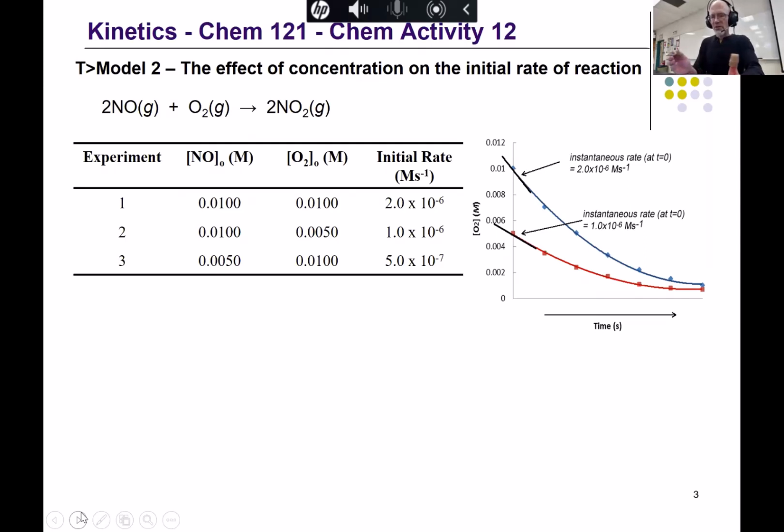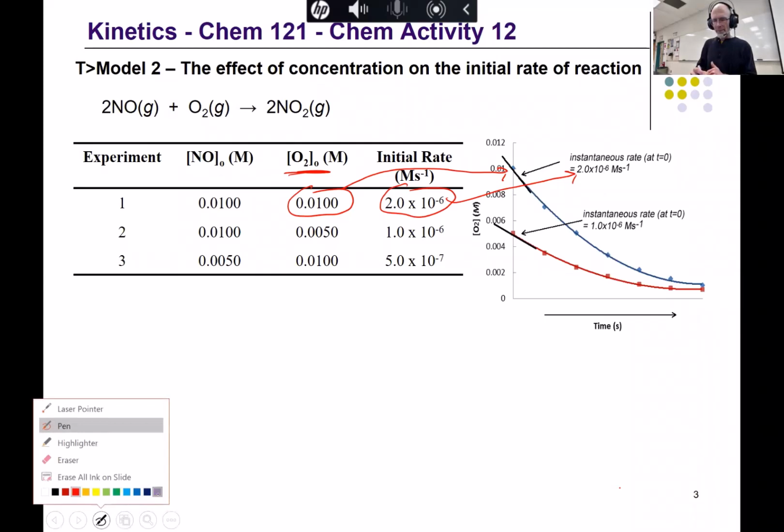So just to make the connection, you can see that I have here an initial oxygen concentration, and I have a more appropriate number of significant figures. And look, the 0.01000, well, of course, that corresponds to that point right there. And you can see, well, here's the initial rate. Okay, so normally we tabulate this information.